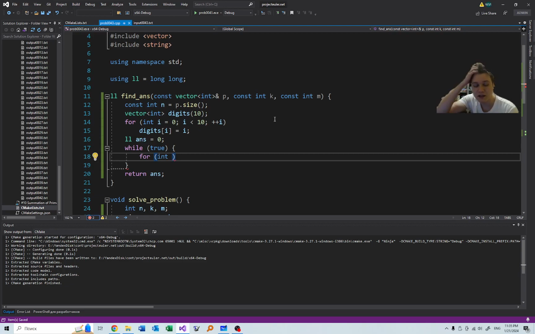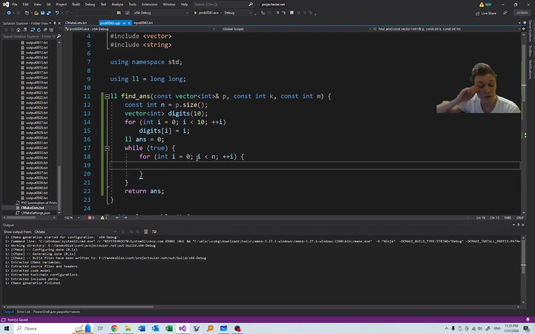Actually, let's start with the first one, but they are numbered in reverse order. So we need to check that something p of n minus 1 minus i divides something.